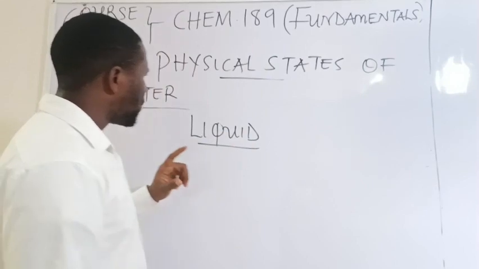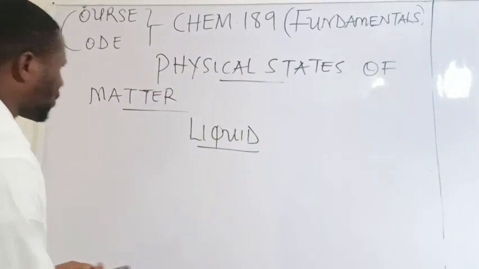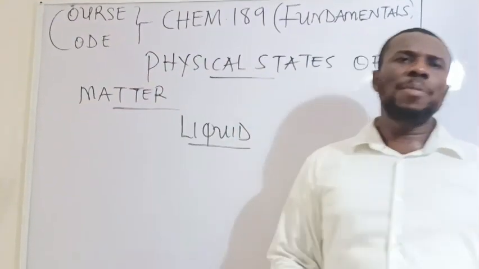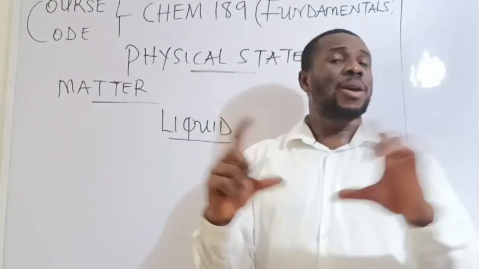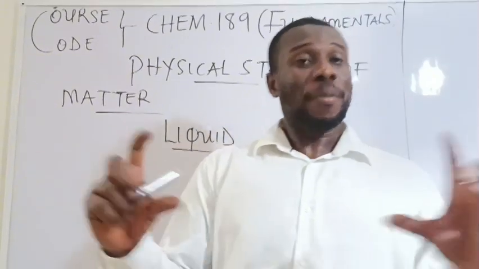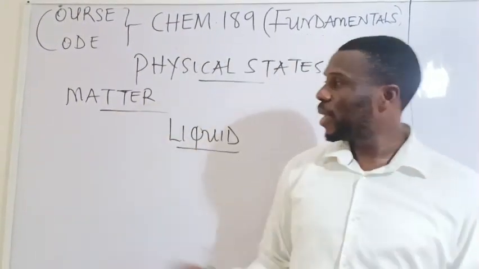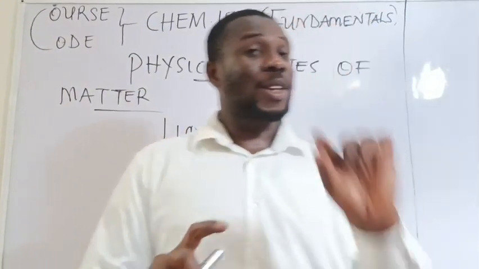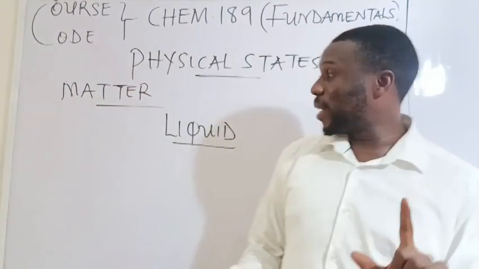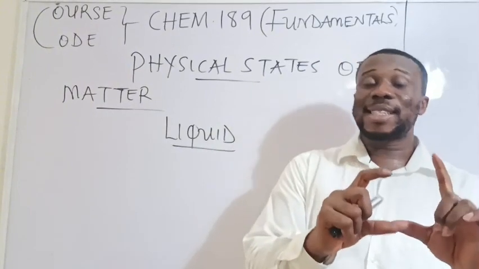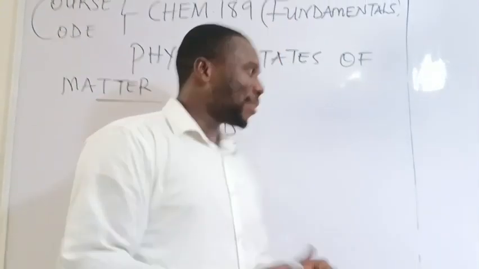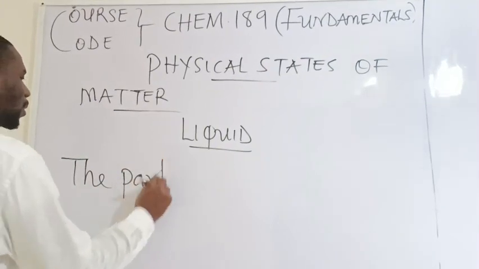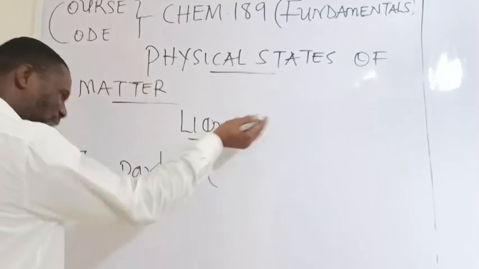Now, let's go to a liquid substance. What makes a liquid is simply the closeness of its particles or molecules. For a liquid substance, the molecules stick firmly, not rigidly now.